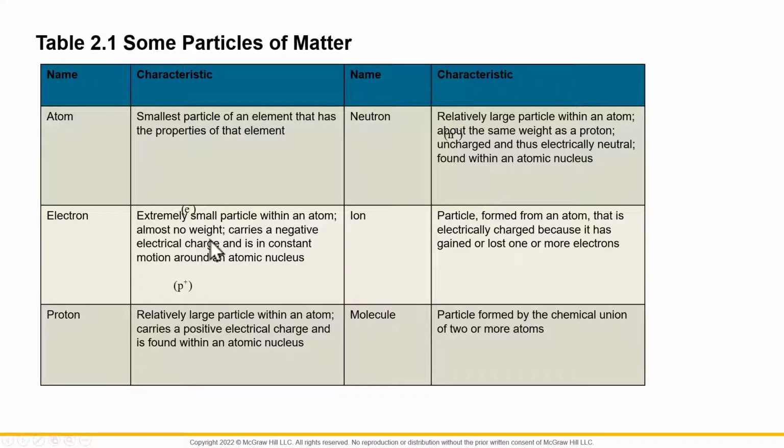Okay, so those are some of the terms. We'll get into what an ion is, but basically normally we have an atom that is neutrally charged. If we change the charge on it by losing or gaining electrons, and we'll show you how to do that, then it is called an ion.